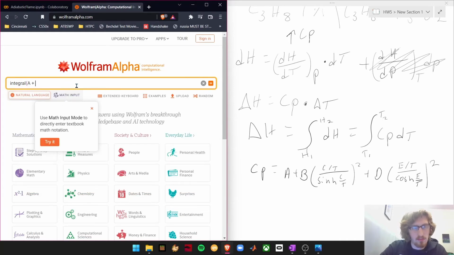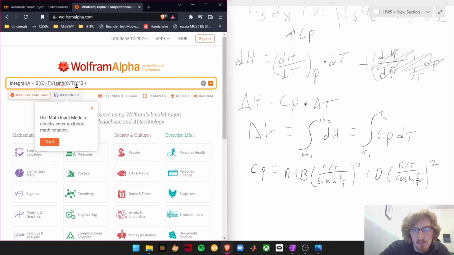So we have A plus B times the quantity C over T divided by sinh, which is just a hyperbolic sine, of C over T, and then that whole term is squared.